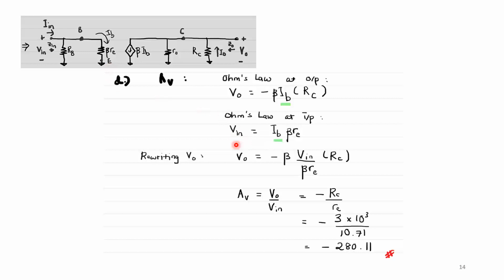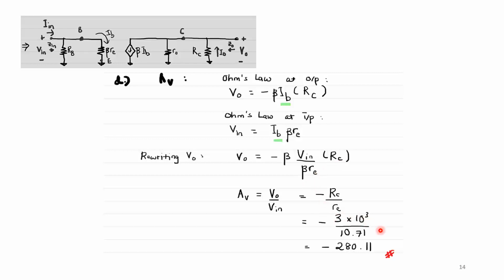What I want is an expression that has Vout and Vin together in the same equation. I'd like to replace IB in Vout here. So I have this expression and I find that beta is cancelled. AV equals Vout over Vin, which is the way to find voltage gain, is going to be equal to negative RC, the collector resistance, divided by the small signal model parameter RE.